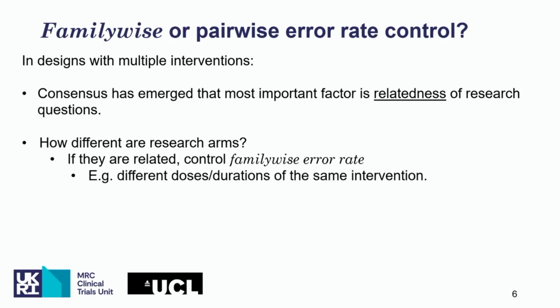If they are related, for example, if your interventions are of different doses or duration of the same treatment or intervention, then the focus of the design should be on the family-wise error rate control. If they are different, if they have different mechanisms of action, then the pairwise error rate should be the focus of the design.